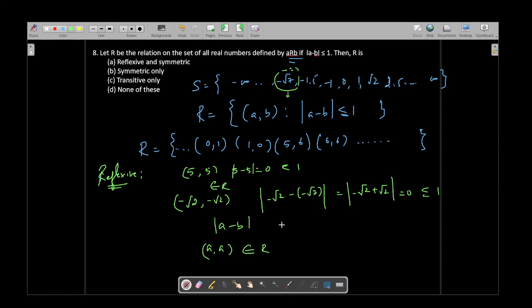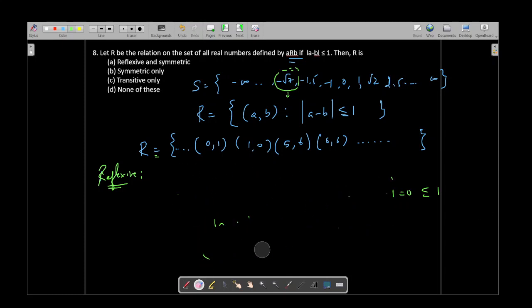If I do a comma a, means a minus a, modulus of a minus a is modulus of 0, it is always less than or equal to 1. So in this relation we have every element paired to itself. So it is clearly reflexive.